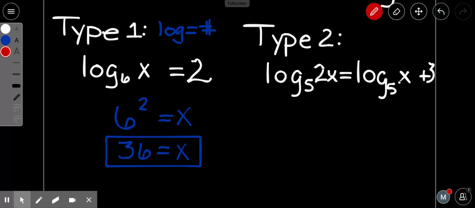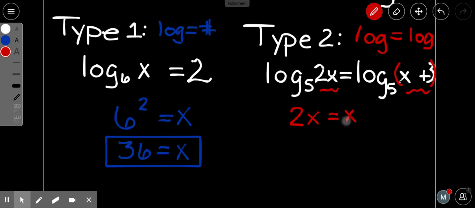The second type that we have is where you have a log equal to a log. Now, with this type, you have to use my example of either Ant-Man or the microscope where we are going down a little bit deeper. This should have parentheses, and we're just zooming in on those two pieces and setting them equal to each other. So that would be 2x equals x plus 3.